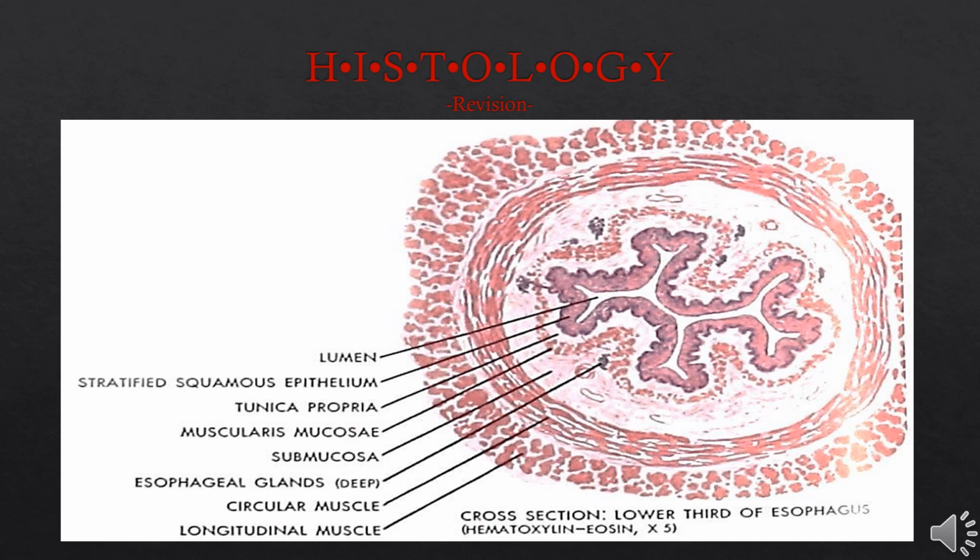The muscularis layer of the esophagus varies according to the segment of the esophagus being discussed. In the upper 1/3 of the esophagus, the muscularis layer is made up of 2 layers of skeletal muscle, an inner circular layer and an outer layer, which is longitudinal in orientation.